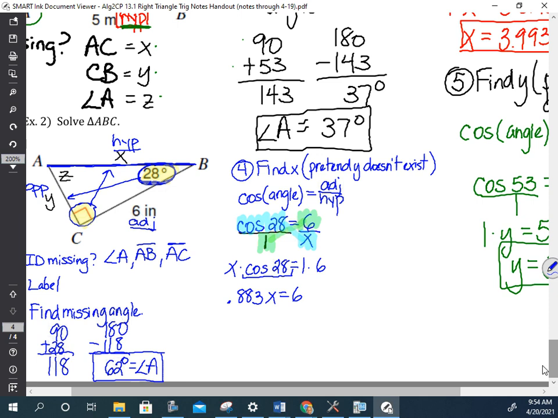So 0.883 is multiplying times x. What's the opposite of multiplication? Division. Right. So 6 divided by 0.883 is 6.795.